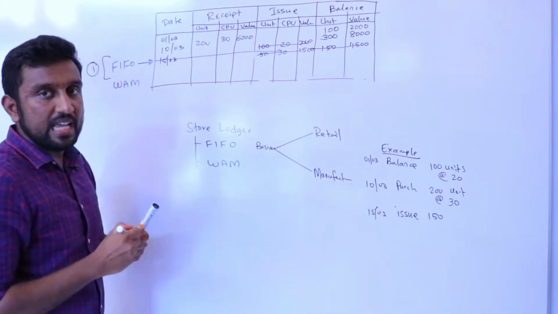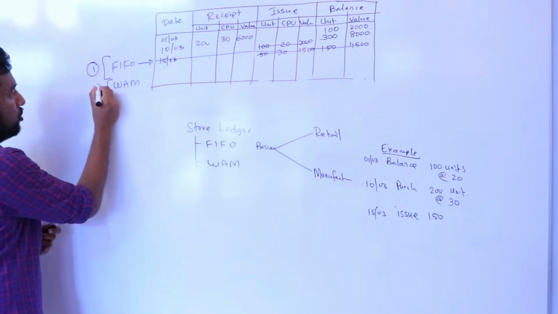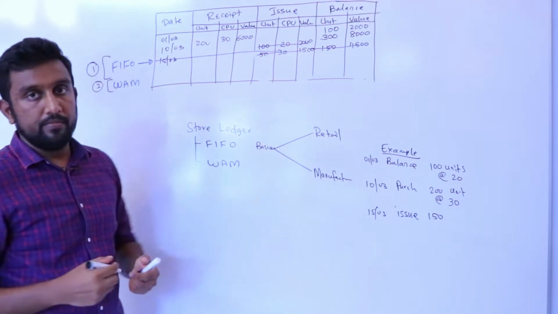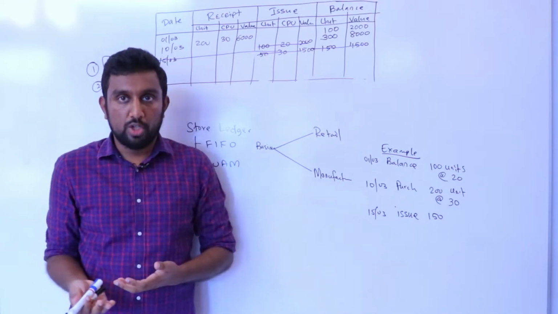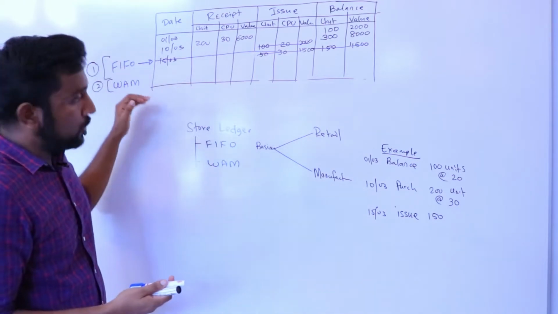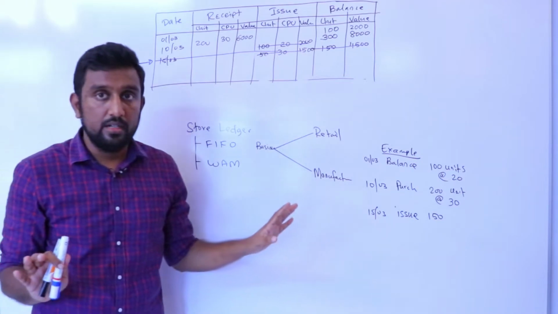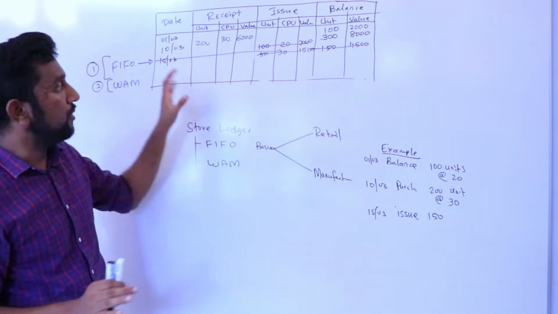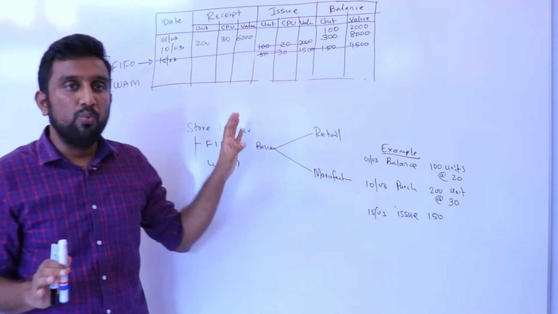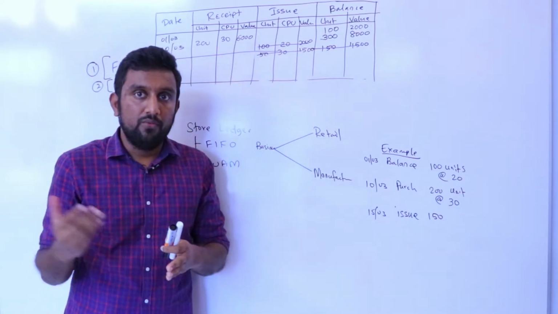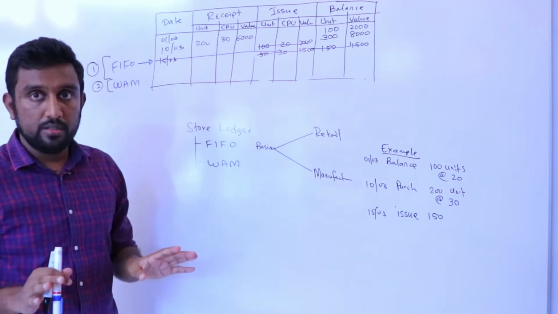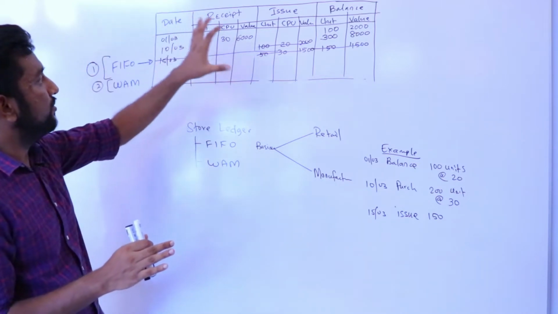The example is the same. I am issuing 150, right? The question won't ask for both methods in one question. I'm just trying to explain the issuing part in different methods. When it comes to a question, you have to do either FIFO method or weighted average method. When we are doing the question, you can understand how it actually works. I am trying to explain in one picture, right?